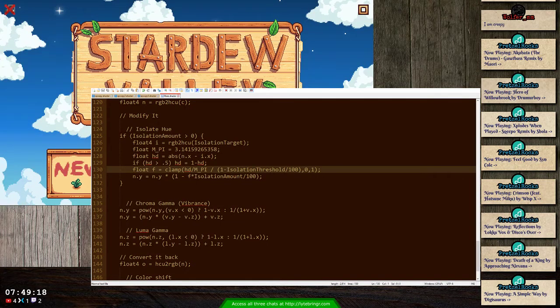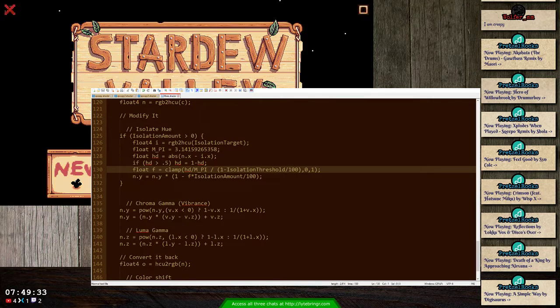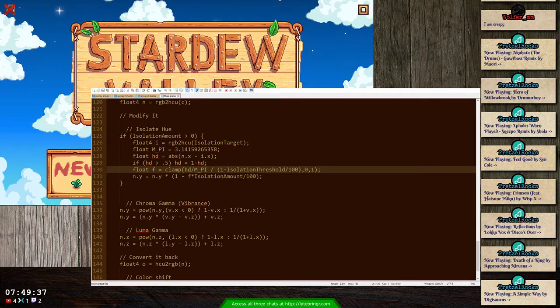So we put the isolation threshold at 0. It's still not working exactly right, but it's working better. Because eventually it gets rid of everything, but right now it takes a while before it starts to eliminate any of the color.